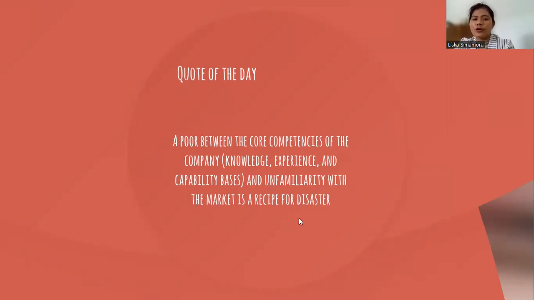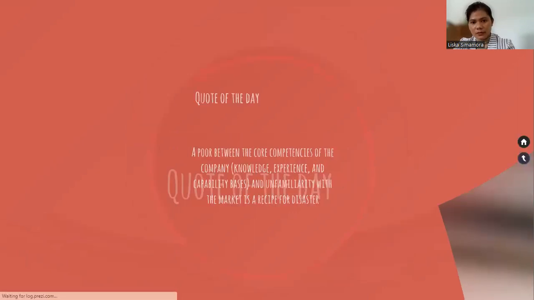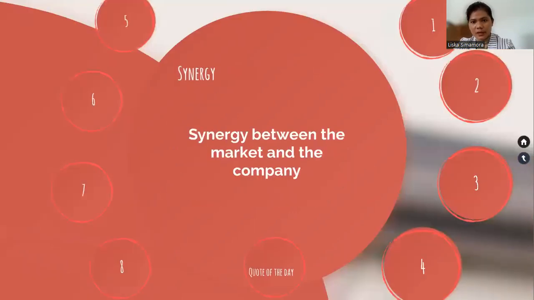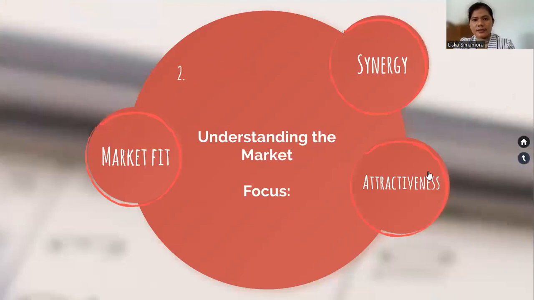Okay, so go to learn, go to experience, and develop your capability, and also go to research the market, understand the market. And this is how you can develop your company. Okay, next.